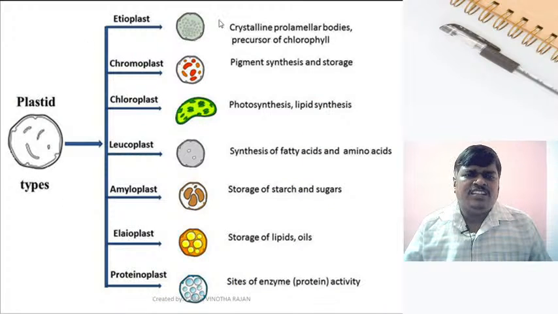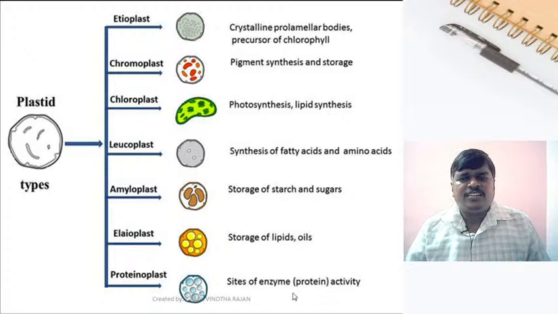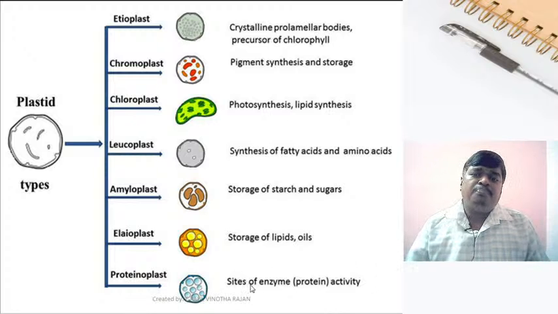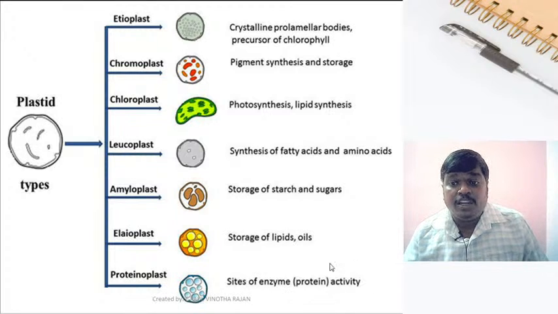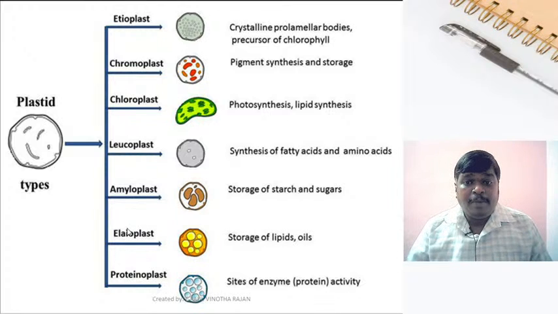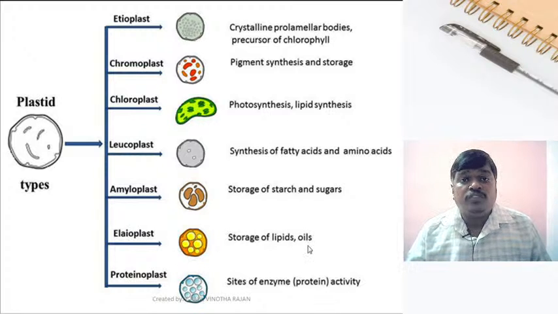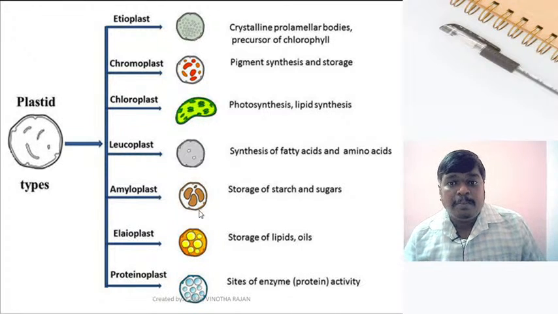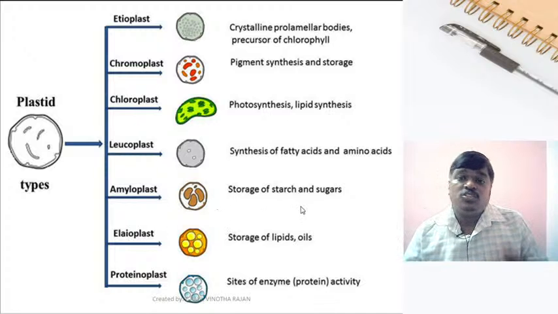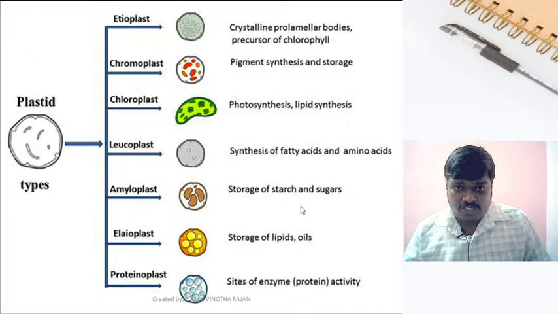Different types of plastids are observed in organisms: etioplast, chromoplast, chloroplast, leucoplast, amyloplast, elaioplast and proteinoplast. The proteinoplast is the site of enzyme or protein activities. Elaioplasts are involved in storage of lipids and oils. Amyloplasts are involved in storage of sugars and starch.